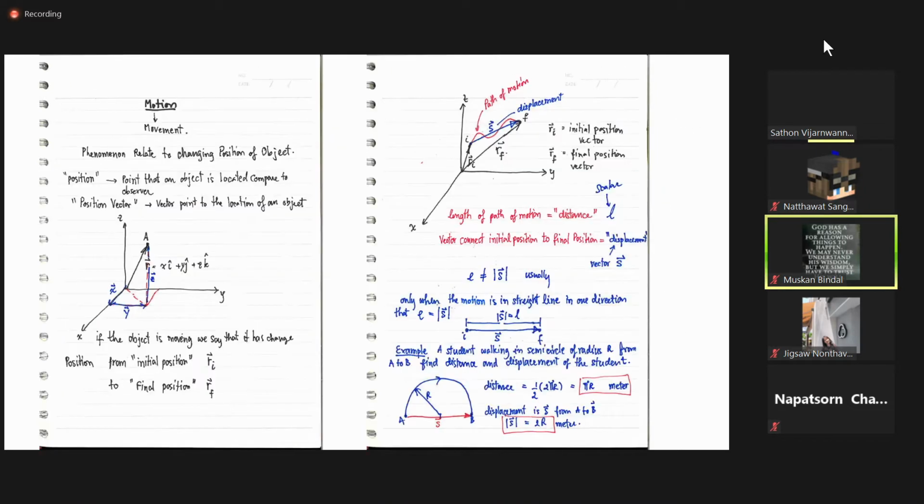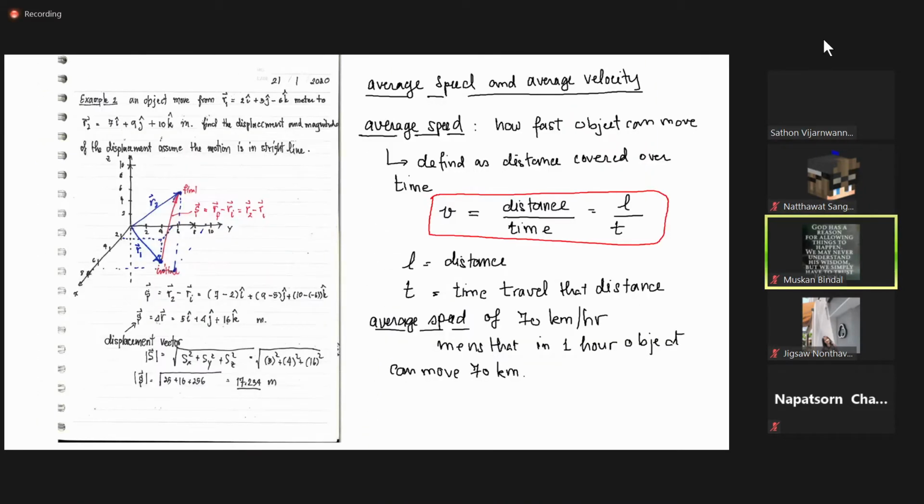And in Cartesian coordinates, we discussed in vectors that a position vector can be represented by three components, x, y, and z. The position vector can be written as xi plus yj plus zk.